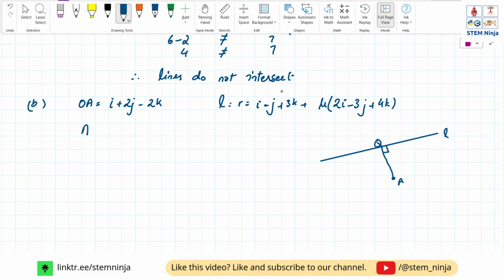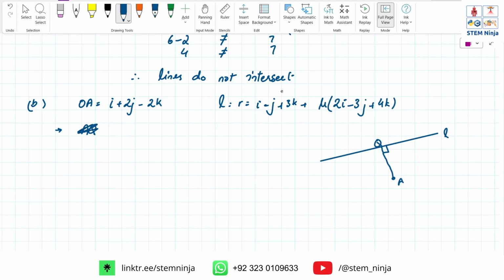Right, okay. So first off, we have 2 points to see over here. OQ first, OQ has the same position vector. Over here, we actually had to write that. So 1 plus 2 mu I plus minus 1 minus 3 mu j plus 3 plus 4 mu k.